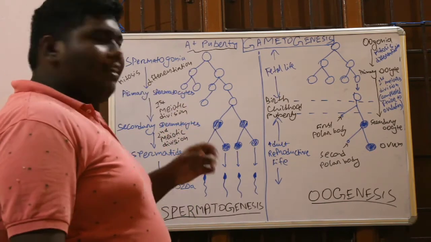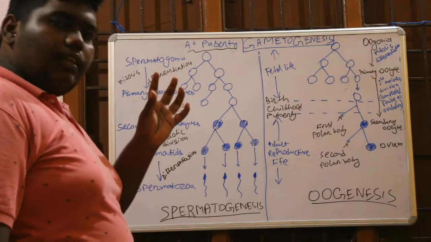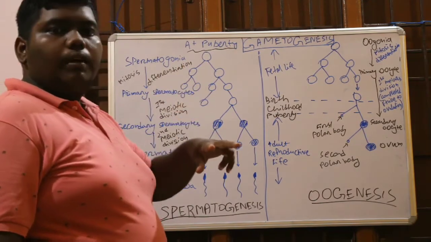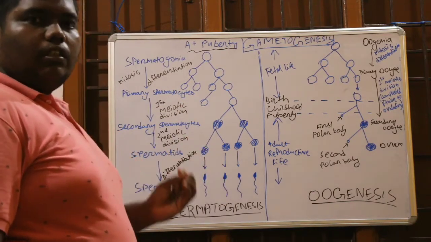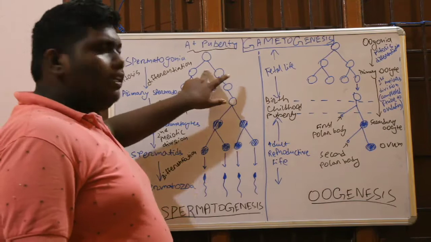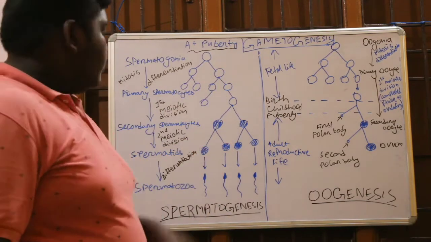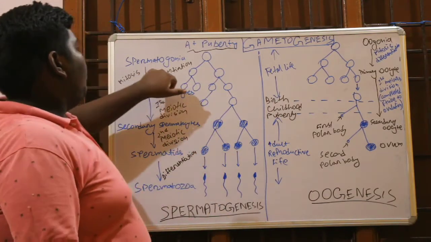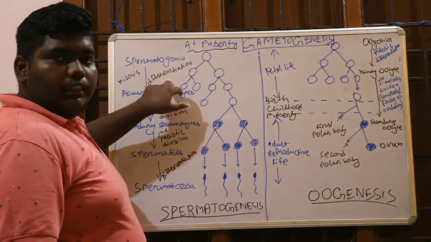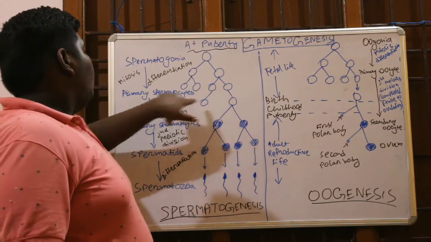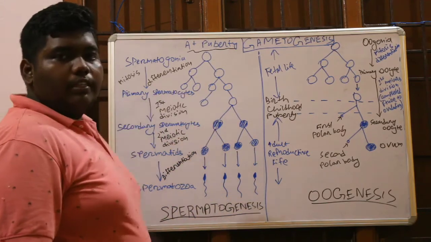You know that in mitosis, the parent cell divides into two parts, and in meiotic cell division, the parent cell divides into four cells. The spermatogonia undergo mitotic differentiation to form primary spermatocytes.